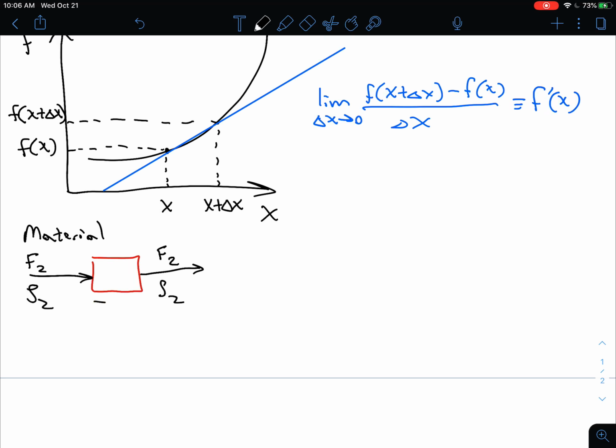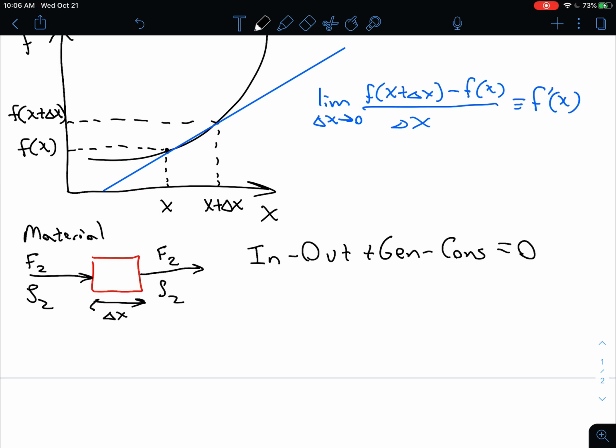Remember that this is an increment delta x along the flow channel. So perhaps the most important equation in chemical engineering is: in minus out plus generation minus consumption equals 0. So the balance equation. Let's do things in terms of rates of input.